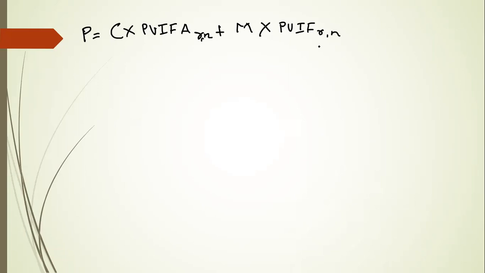We have the data with us, and now we have to calculate P. The annual coupon C is rupees 120, that is 12% of the rupees 1000 value of the bond. N is 10 years, as it is a 10-year bond.